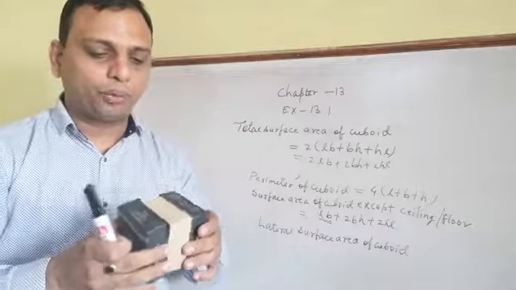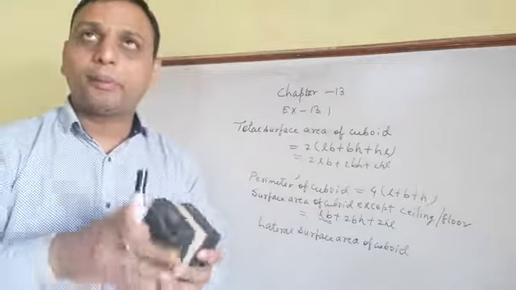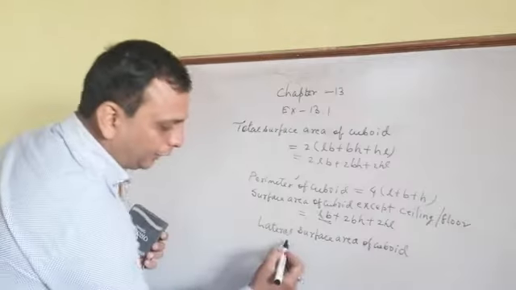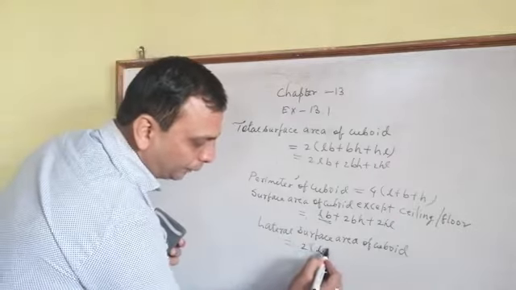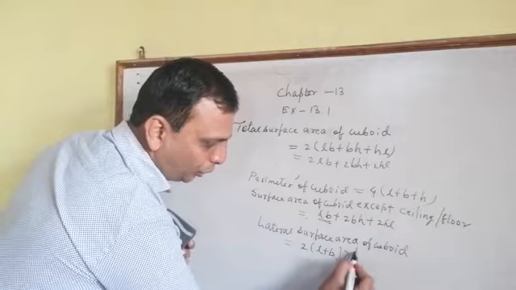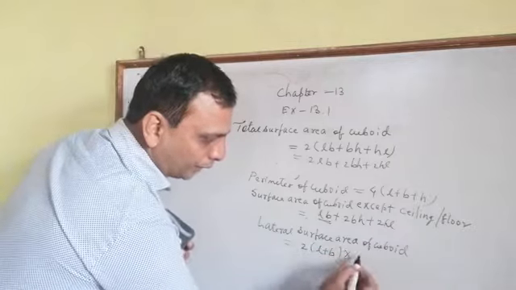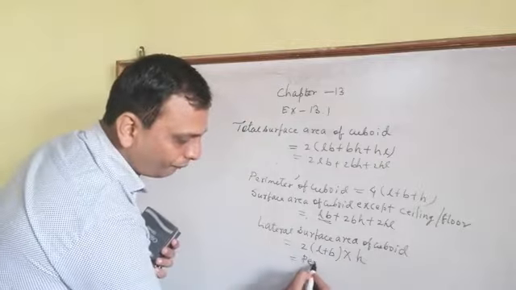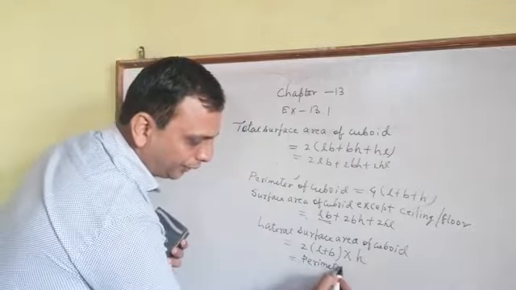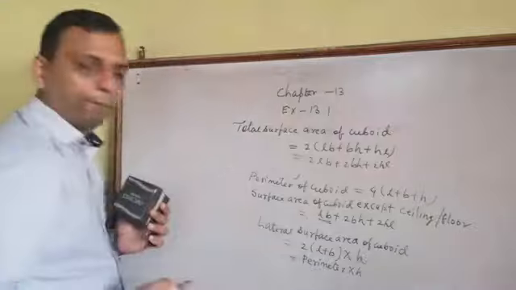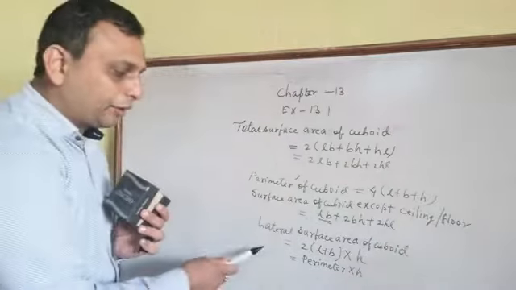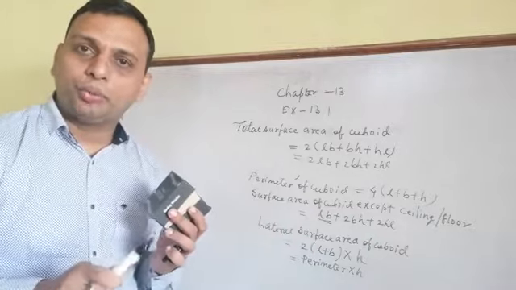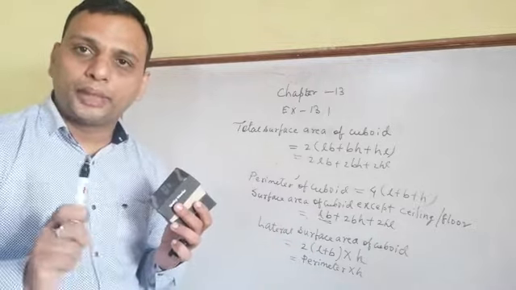when I am not using both parts, the ceiling and the bottom part are both removed. Then the formula will be 2(L plus B) into H, or you can say this is the perimeter of the rectangle, so perimeter into height. Perimeter into height will be the lateral surface area of the cuboid when the ceiling and the bottom part are both not included.